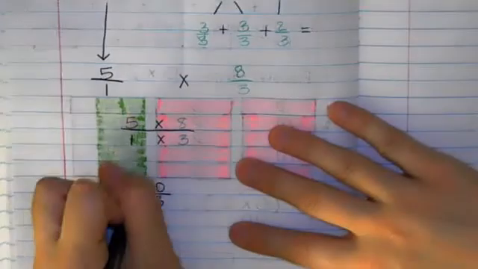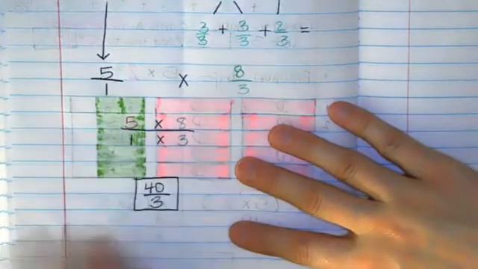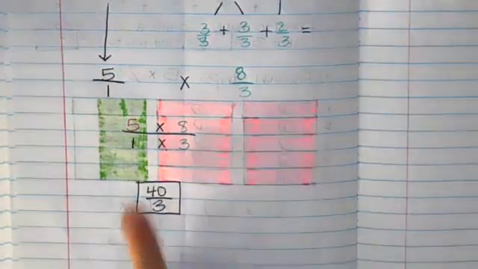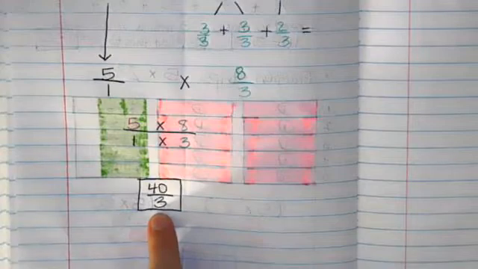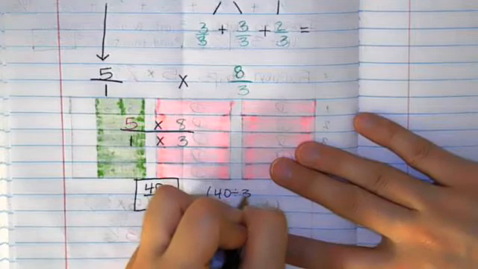If you guessed it, you would know that we cannot leave this as an improper fraction. We have to convert this into a mixed number. I know this says 40 divided by 3.